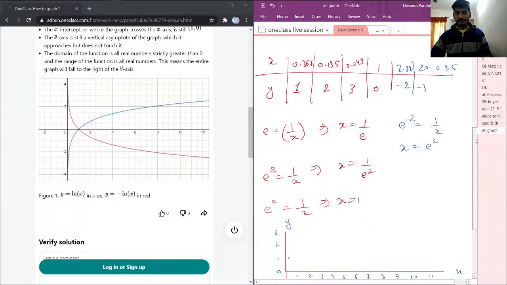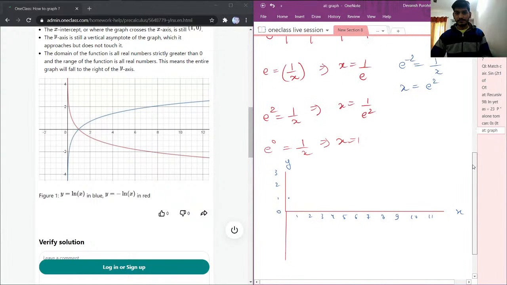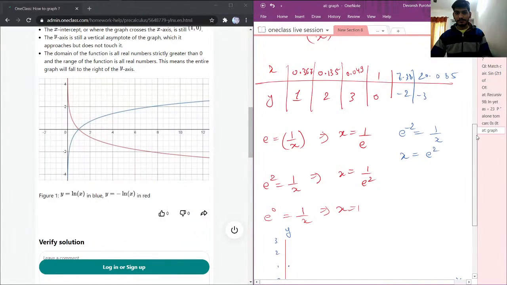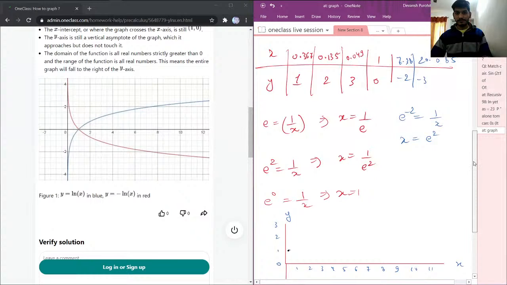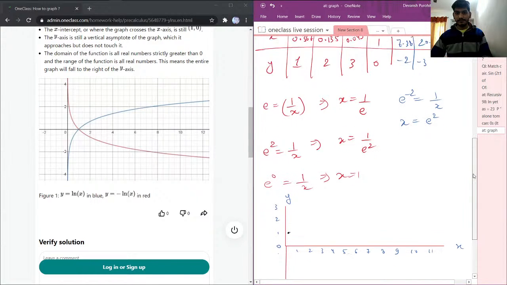We do not have 20 in our x-axis. So for y equal to 0, my x is 1.